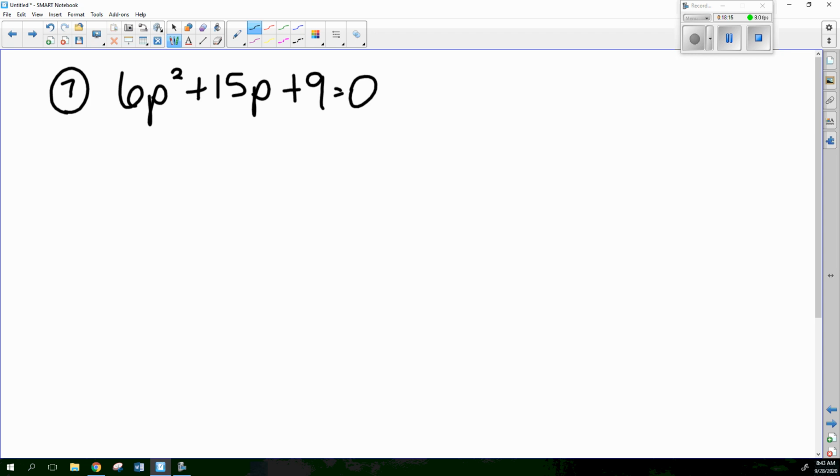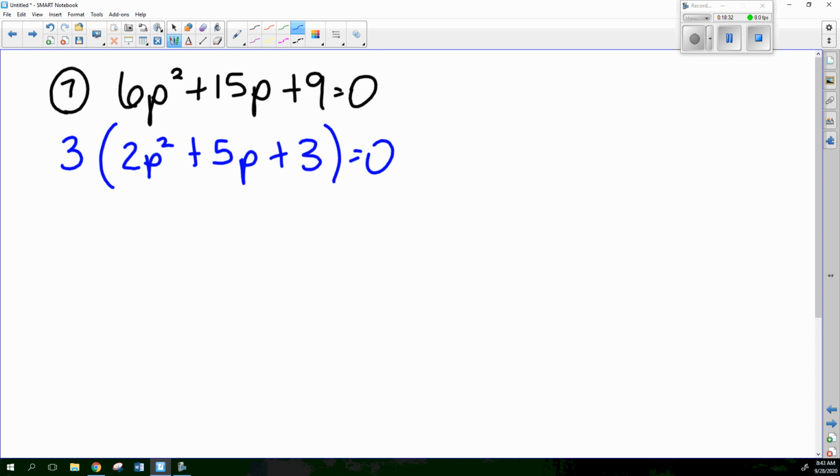Is there a GCF? Yes, there is. Ailish, what is it? 3. Very good. So if I take out a 3, I'm still left with a trinomial that has a number in front.